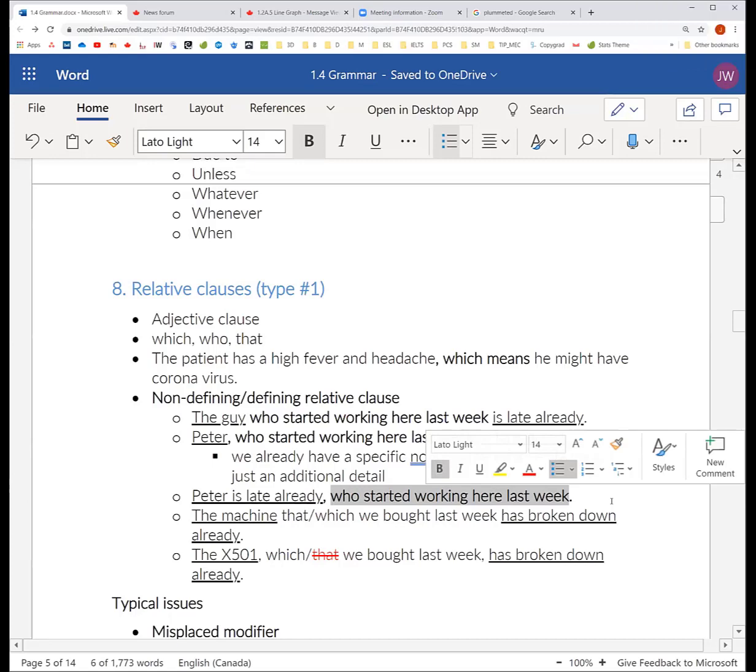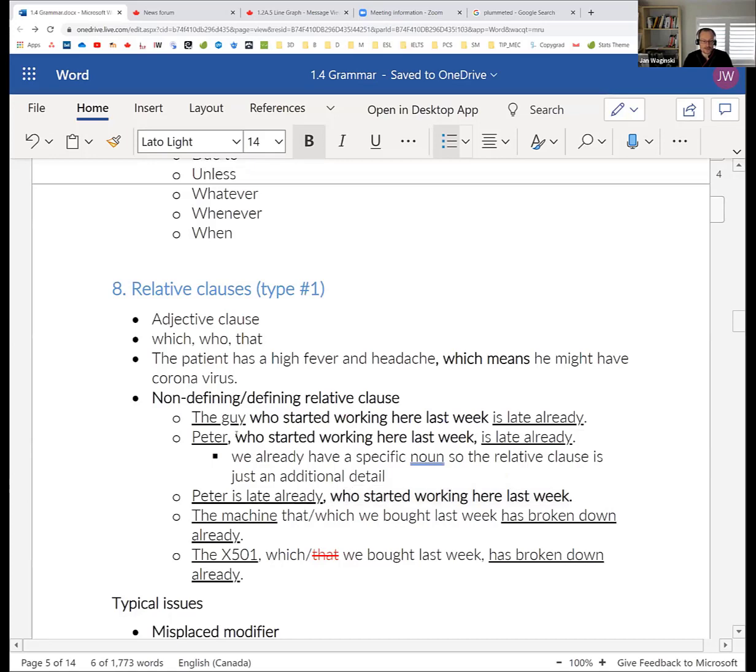So if you do something like this, the reader's going, is late already, who started working here. What? Who does who refer to? So it's a very confusing construction. So that's why the who started working here last week has to come right after Peter.